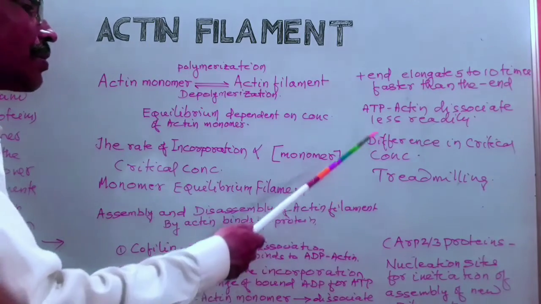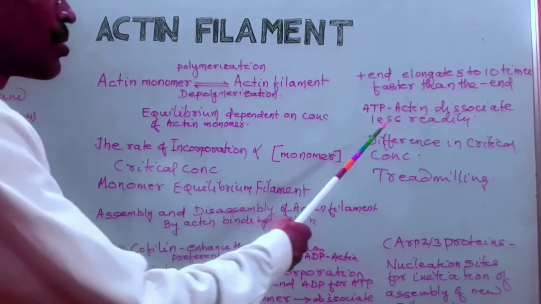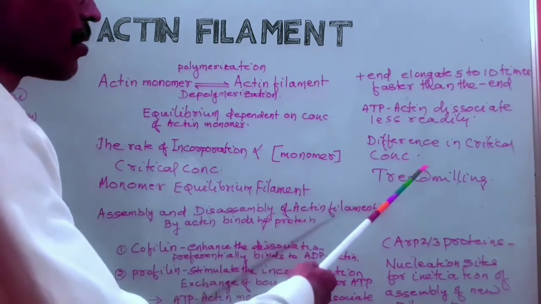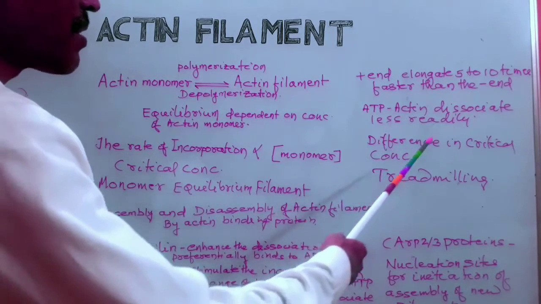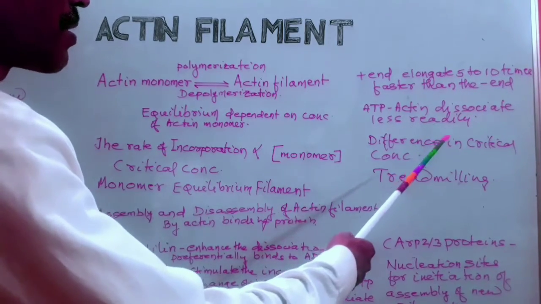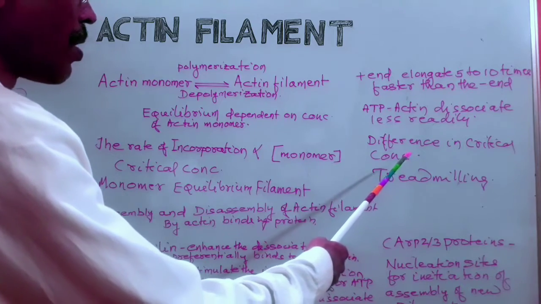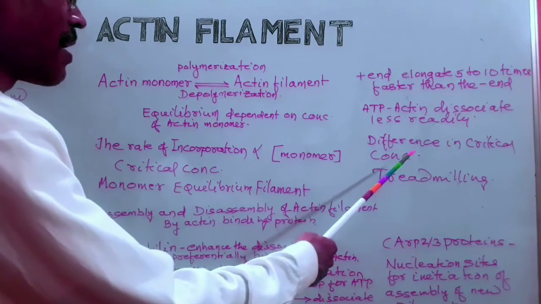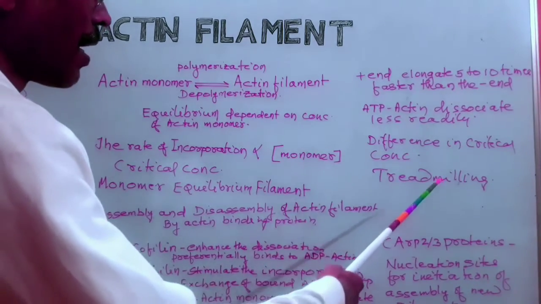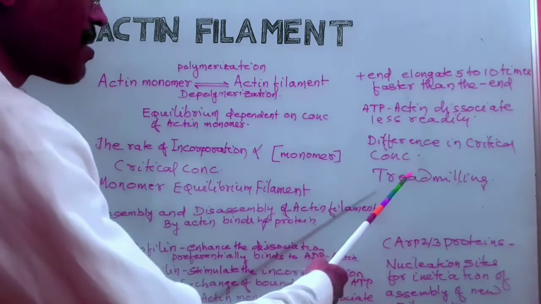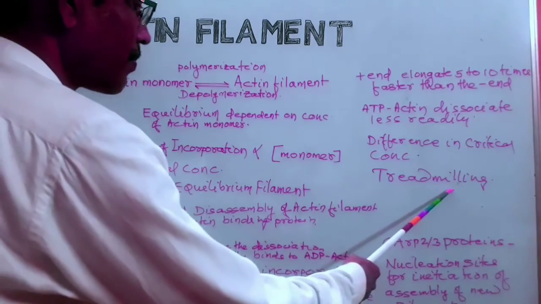And because ATP actin dissociates less readily as compared to ADP actin, there is a difference in the critical concentration required for incorporation of actin monomer into the plus end and the minus end. This difference in critical concentration results in treadmilling.